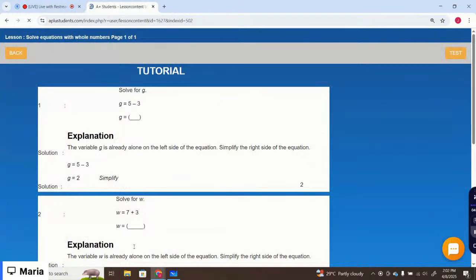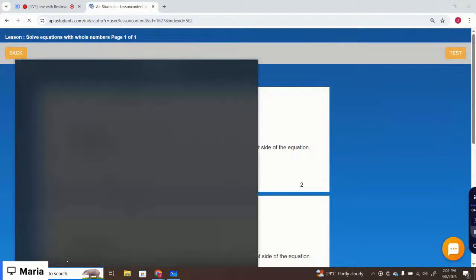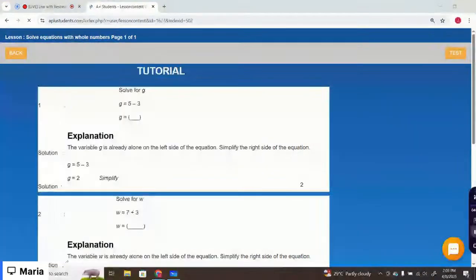Isolated means the variable is on one side and the operators are on the other side. So 5 minus 3 is 2. So g equals 2.